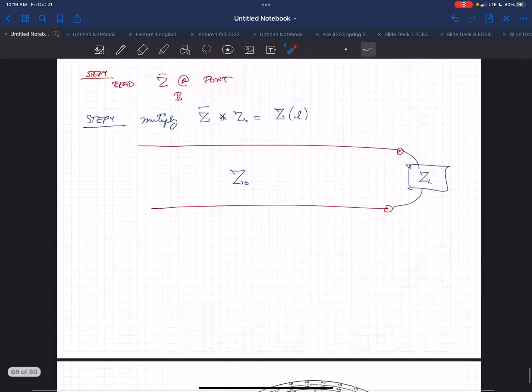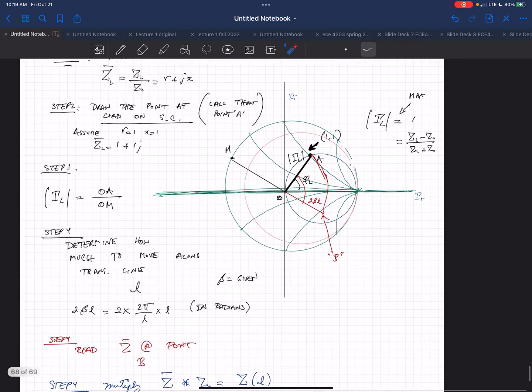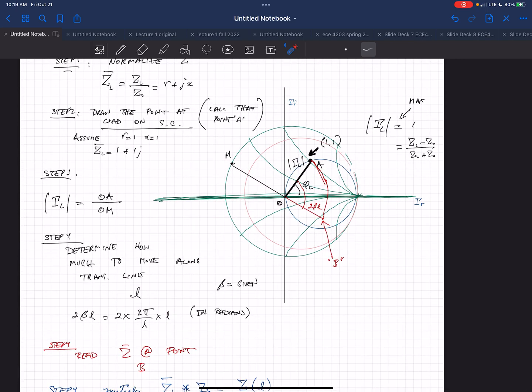So what you would do is, let's say, again, in this case... Well, let's do it, and then I can go backwards and try to explain it.